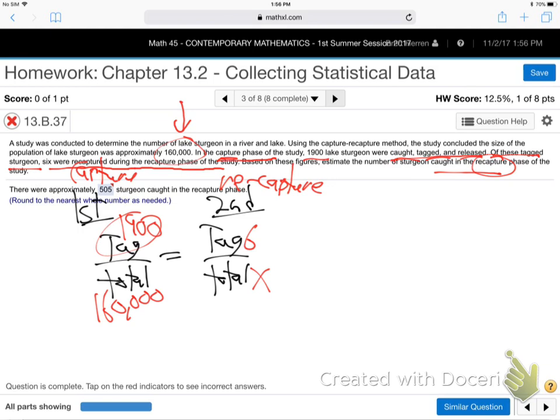And sure enough, that is what they're saying. The population was found to be 160,000. Total number in the lake. Does that make sense? So 1,900 tagged over 160,000 total. 6 caught in the recapture tagged over how many total in the recapture. So there we go. Is that good?